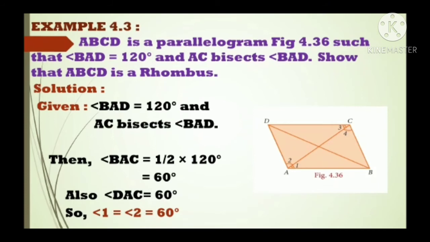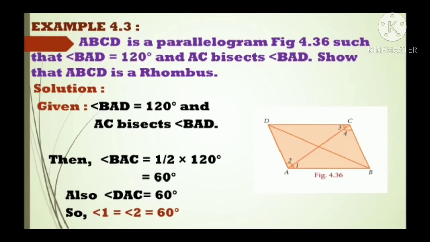BAC is half of the angle BAD. Look at the figure. Yes, BAC is half of the angle BAD. So, what is the value of BAC? Yes, half of 120 degrees. So, 60 degrees. So we got the angle value, that is angle BAC equal to 60 degrees.